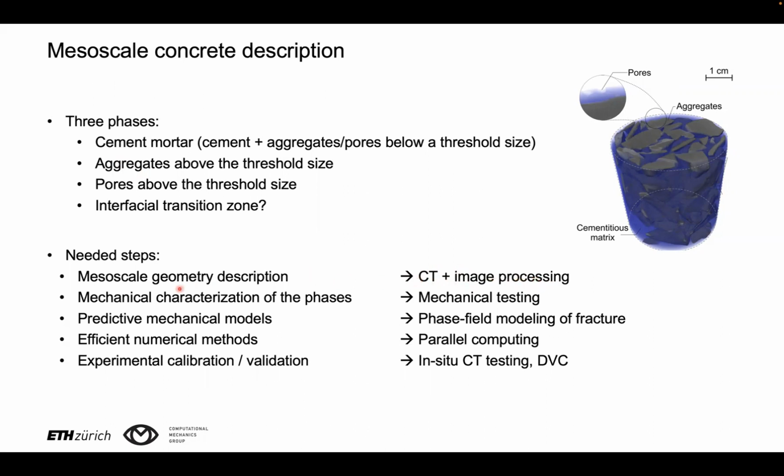On the other hand, we don't just need the geometry, we also need the mechanical properties of the phases, and we characterize them through mechanical testing. We obviously need predictive mechanical models, and this is the location at which our phase field approach to fracture comes into play. So we use this approach to predict damage and fracture in the matrix.